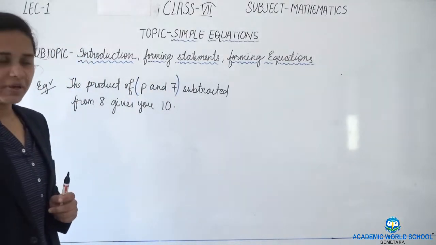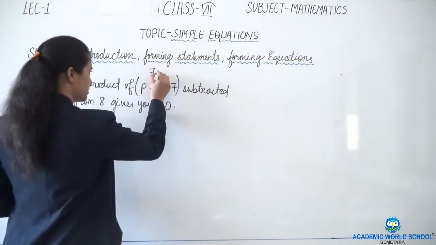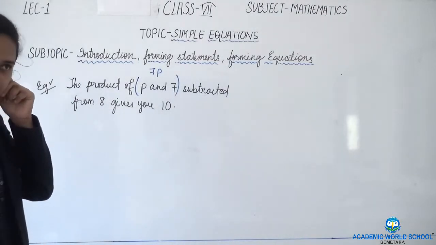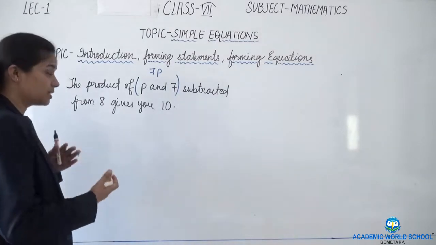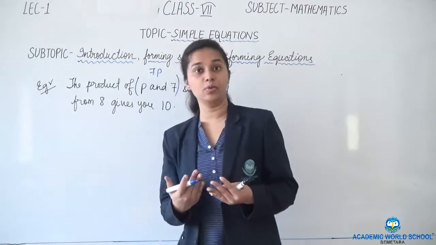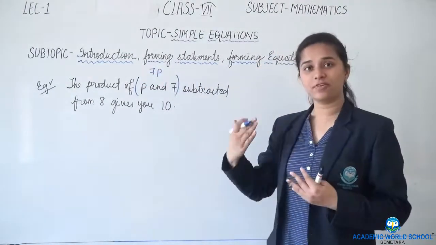Now 7 into p is 7p. Now 7p is subtracted from 8 means 8 minus 7p, isn't it? We can't write 7p minus 8. Both are not the same. 7p is subtracted from 8.